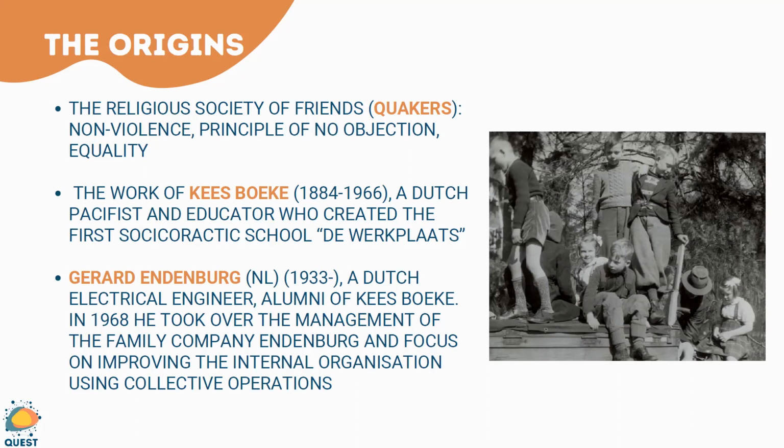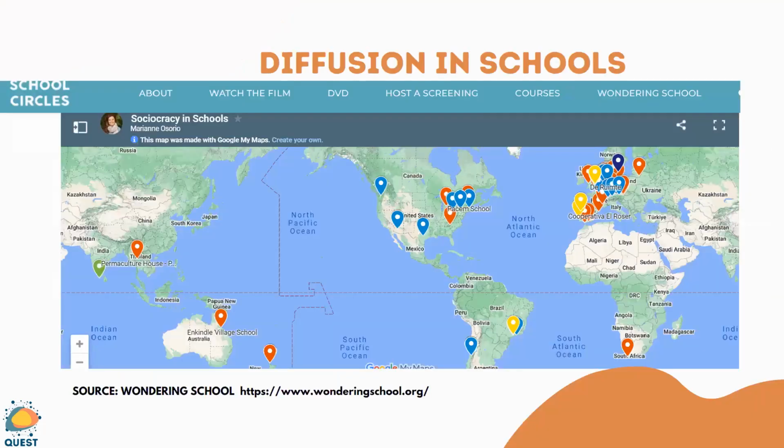So we can see that since the very beginning, sociocracy and education have been linked very much. You can see on the website of Wandering School a screenshot I have about the diffusion of sociocracy in schools, and it's spreading more and more worldwide.